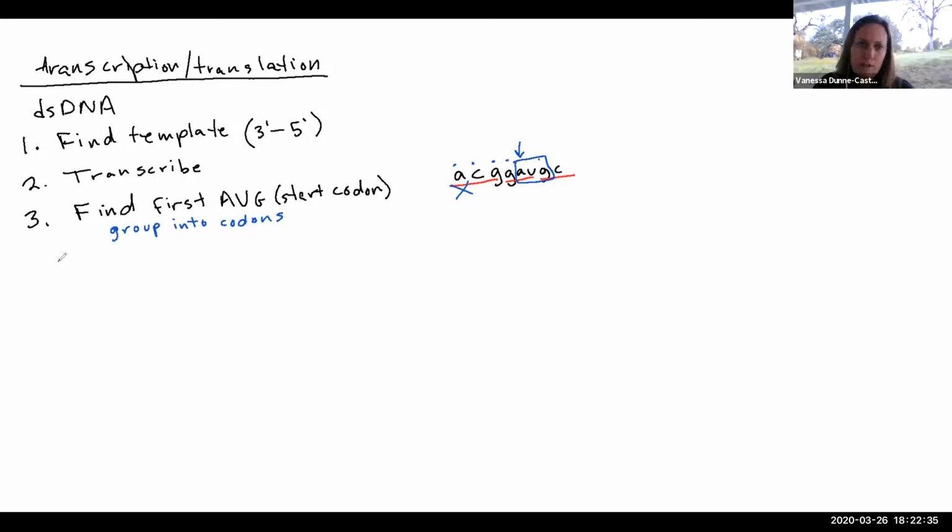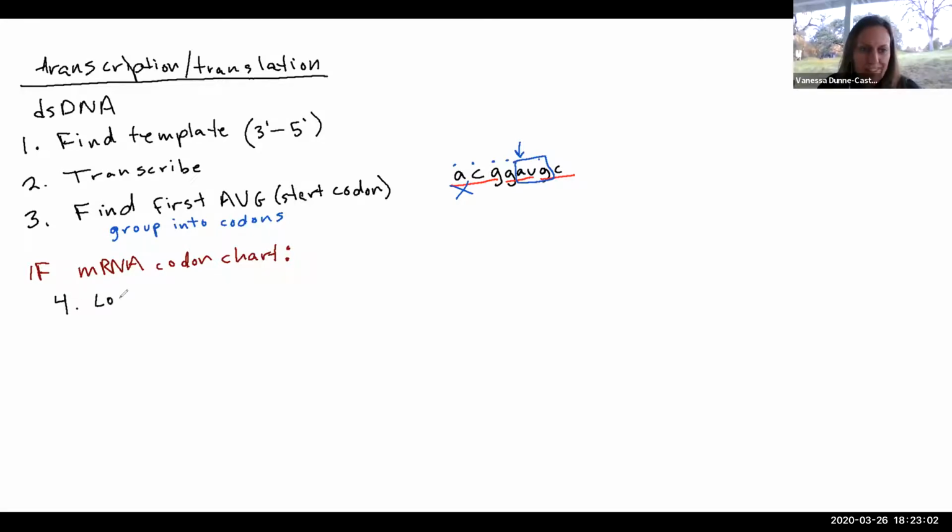Okay, so once we've reached this point, now you have to ask yourself, which type of codon chart are you using? If you're using an mRNA codon chart, then you move on to step number 4. This is the easy part.